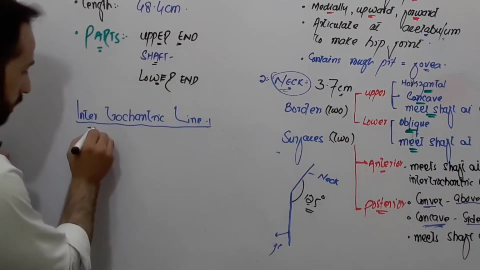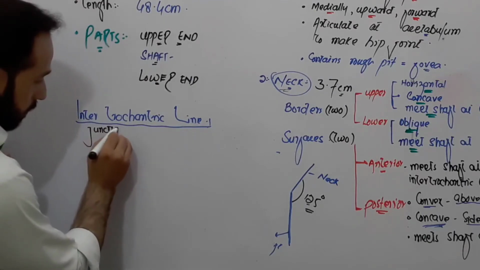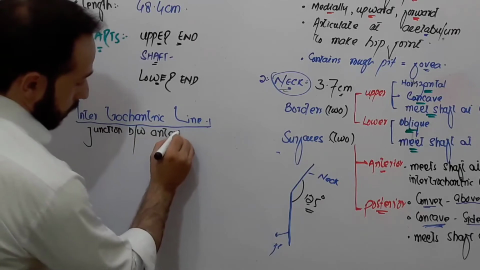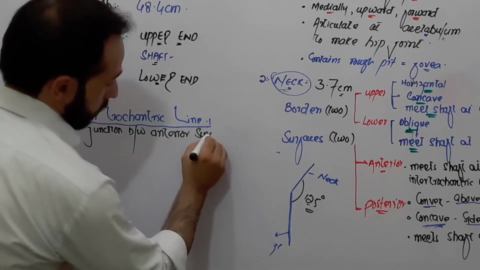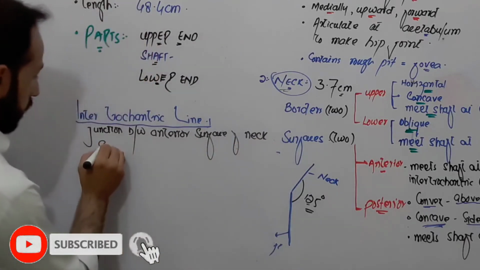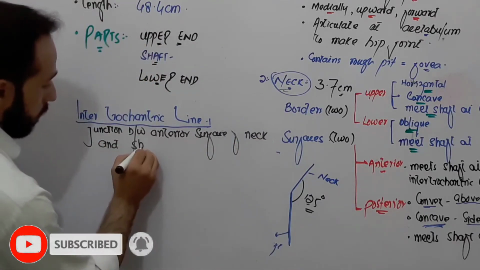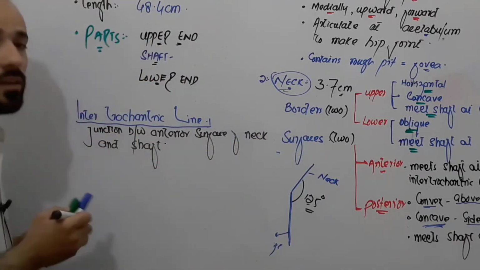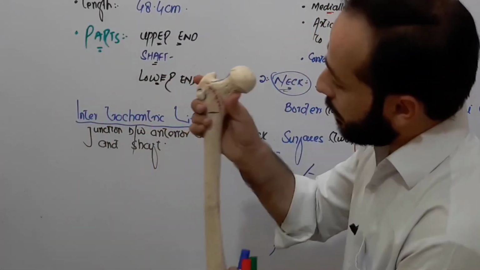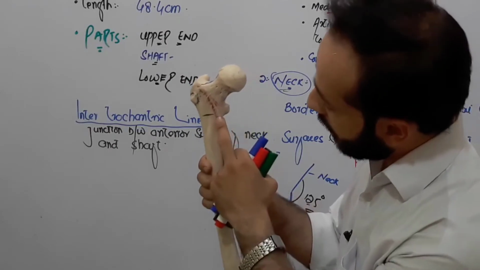That's so simple. It is the junction between anterior surface of neck and shaft, right, where it begins. That's a very important point. The beginning point is here and the end point is here.